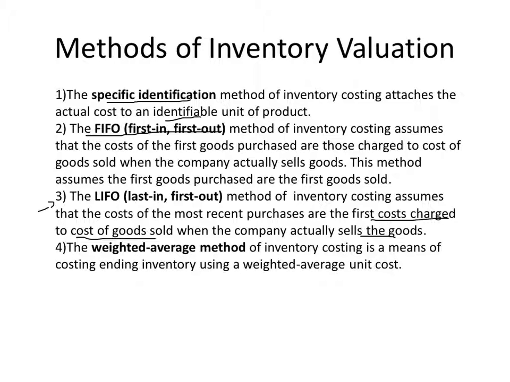Now, there are problems with Fifo and there are problems with Lifo. And one way to solve those, well, they think you solve the problem, is let's do a weighted average between the two. Well, weighted average is really not that important. What is important here is Fifo and Lifo, and that's what we will demonstrate in the next video.